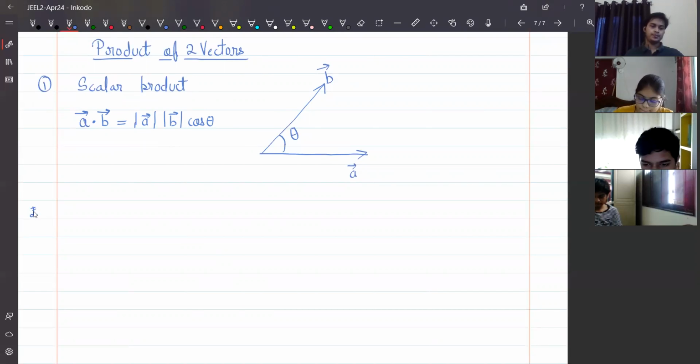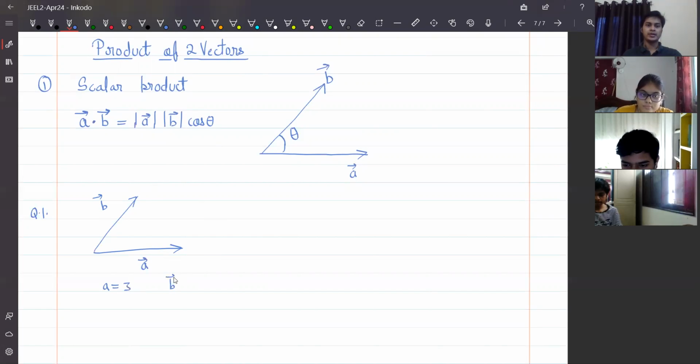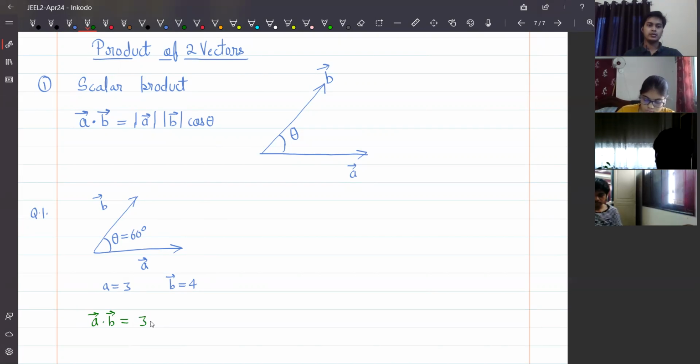Example. Let us say A vector is like this, B vector is like this, and mod of A vector is given as 3, mod of B vector is given as 4, angle between them is 60 degree. Then simply, if you want to find A dot B, that would be mod of A into mod of B into cos 60.